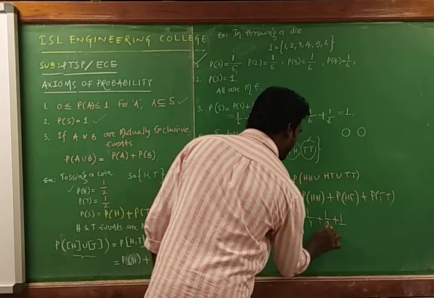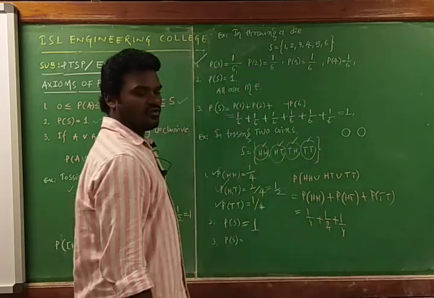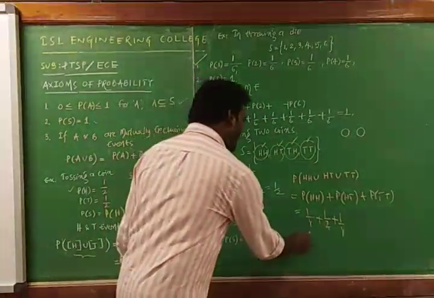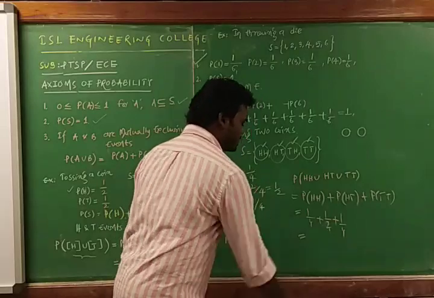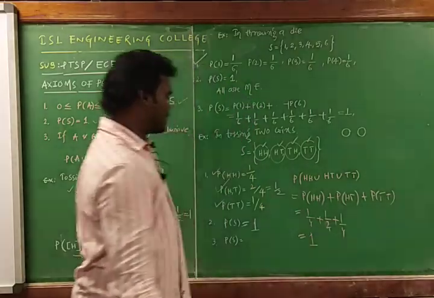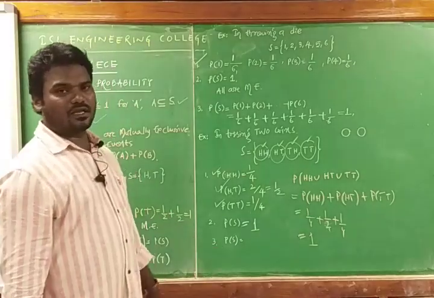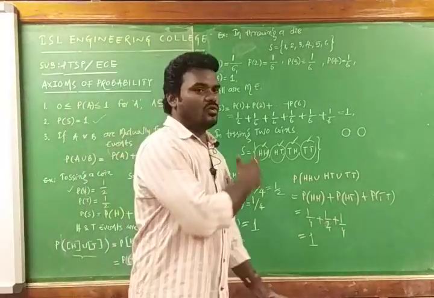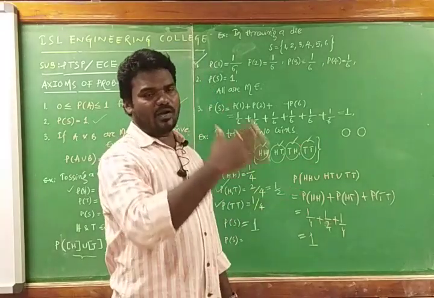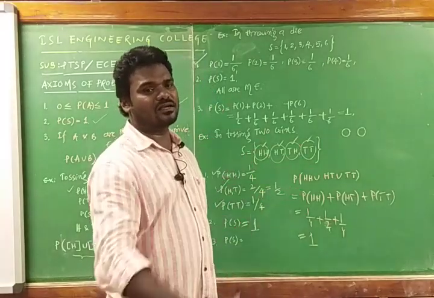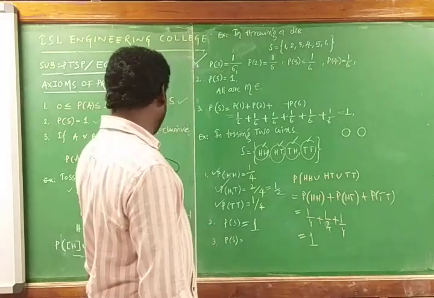If you simplify this, the probability of the total sample space equals 1. The probability of the sample space is nothing but the probability of the union of all the events, which equals 1.